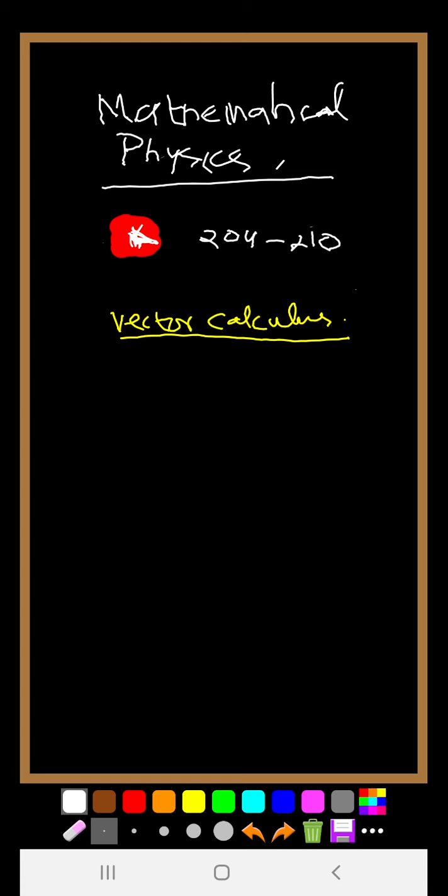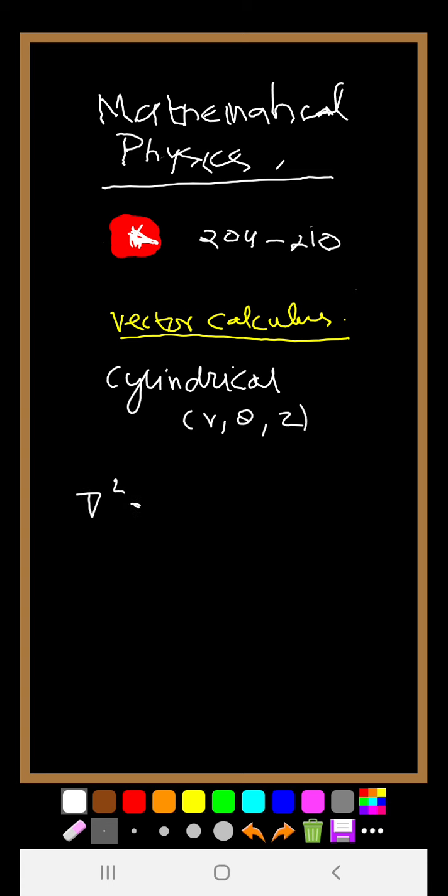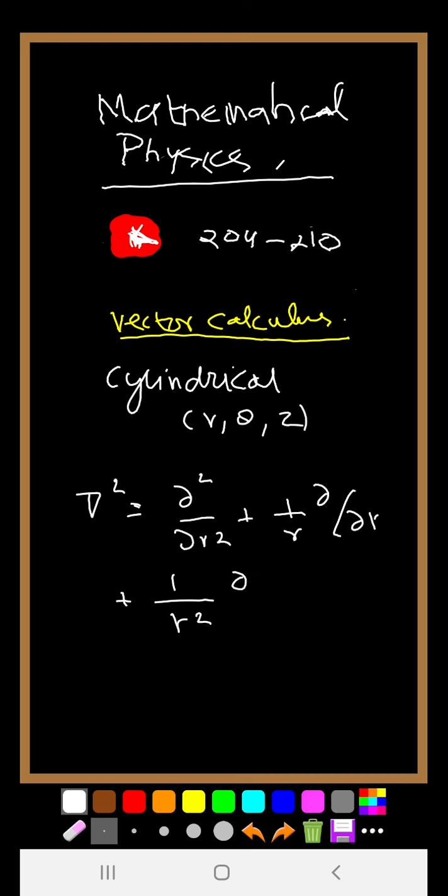So in cylindrical coordinate system, that means r, theta and z, we could represent del square as equal to del square by del r square plus 1 by r del by del r plus 1 by r square del square by del theta square plus del square by del z square. Okay, so this was number 4.